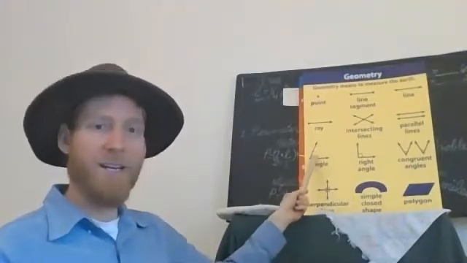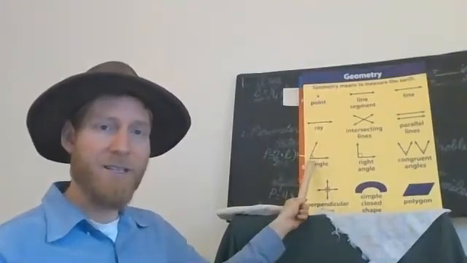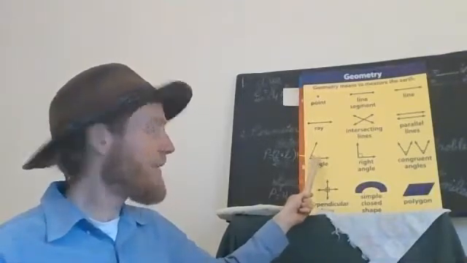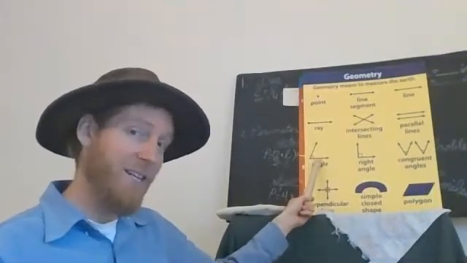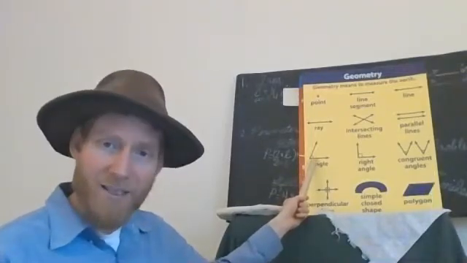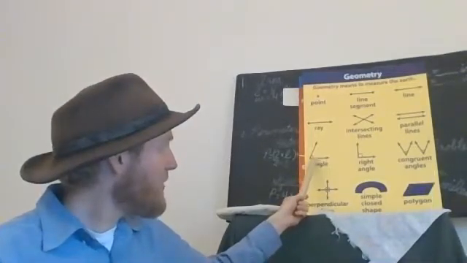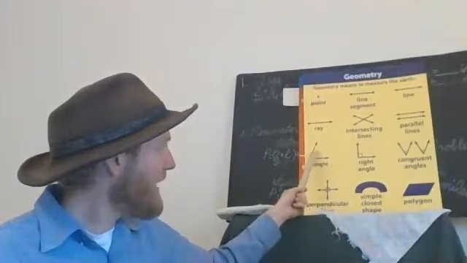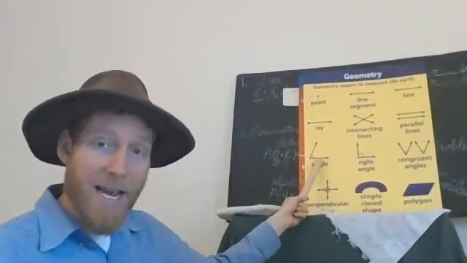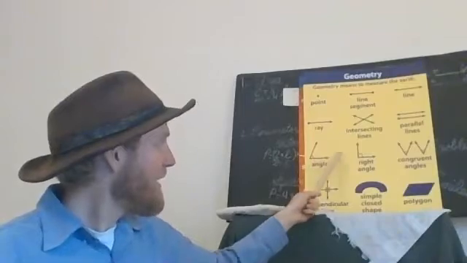See this in here? I don't know if you can see it because it is a bit far away, but that's a measurement of an angle that you'll learn how to do next year and in 6th grade, where you'll take something called a protractor and actually measure from this line to that line how many degrees that angle is.